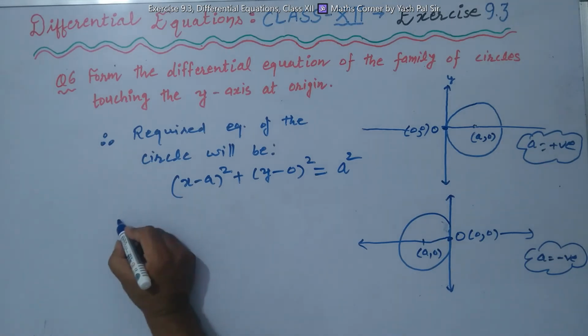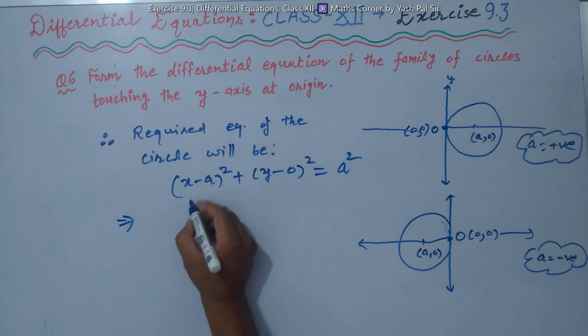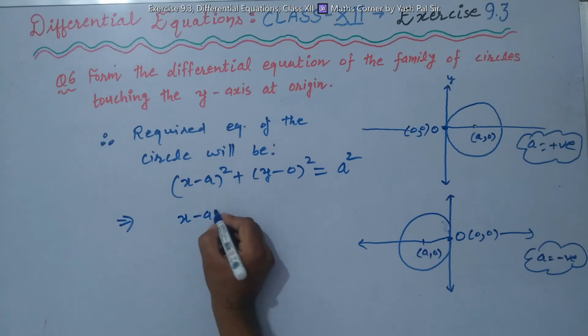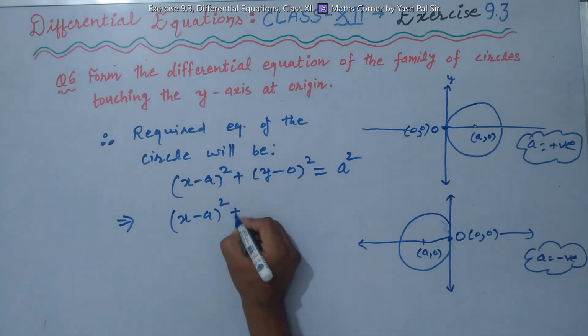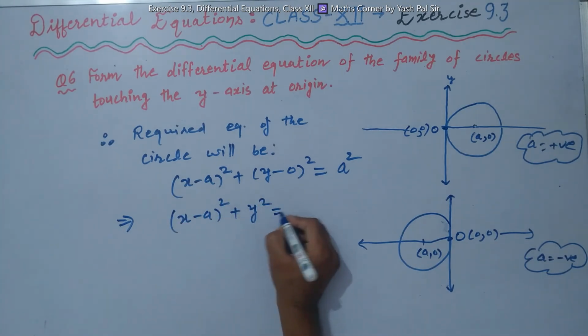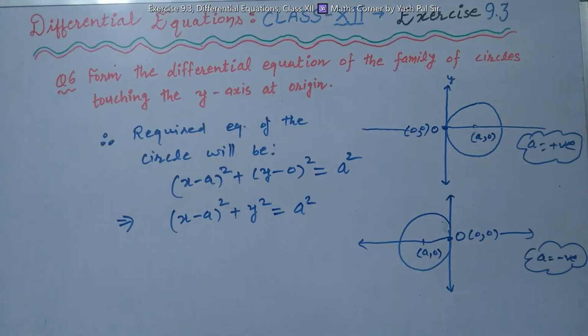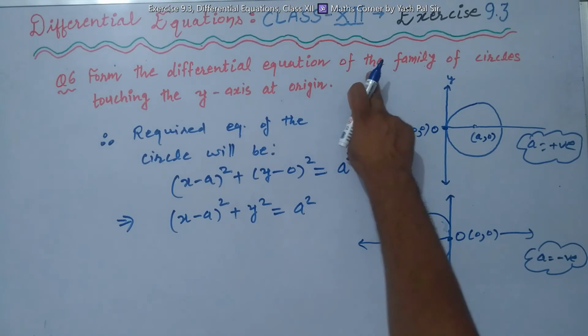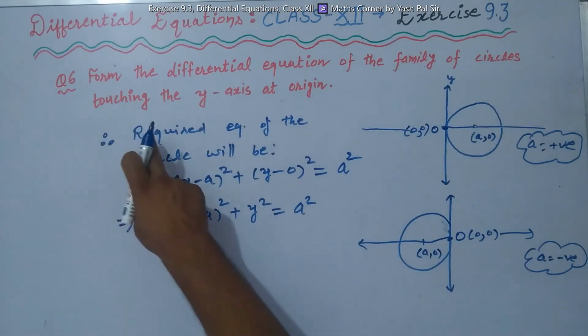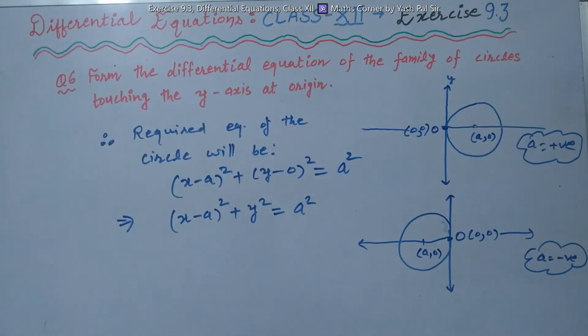So solving this equation, this becomes x minus a whole square plus y square is equal to a square. Now what is the question? Form the differential equation of the family of circles touching the y-axis at the origin. So we need to eliminate the arbitrary constant a.